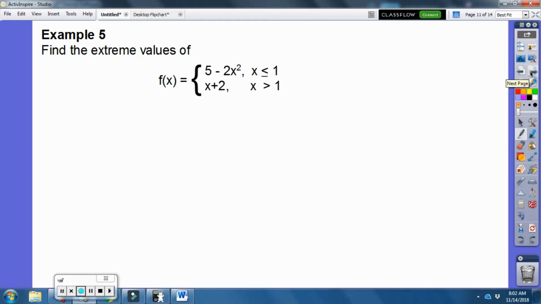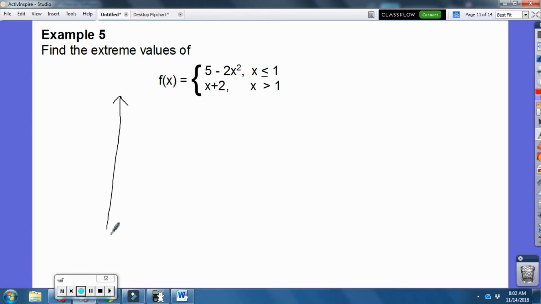Now we're going to look at an example of a piecewise function. So I'm going to do a quick sketch of what this piecewise function would look like before we get started, and then we'll approach it from there. So the easy part is the linear part. X is less than 1, and that's x plus 2.